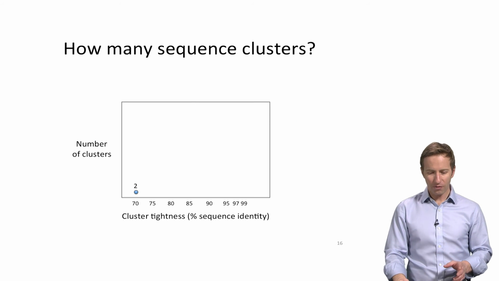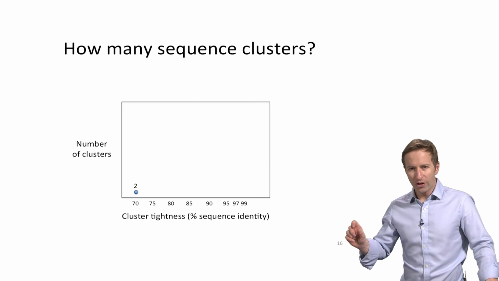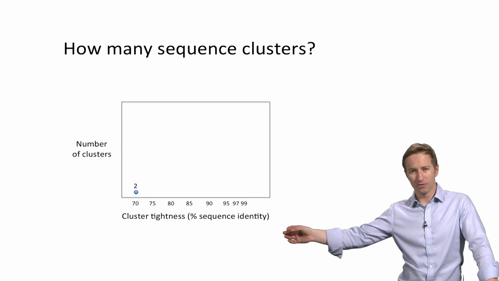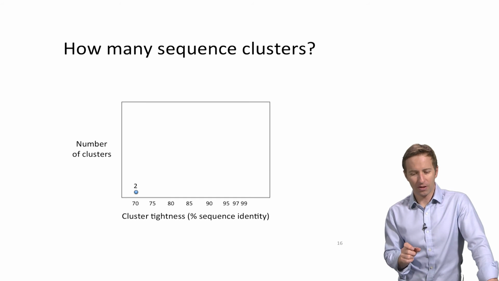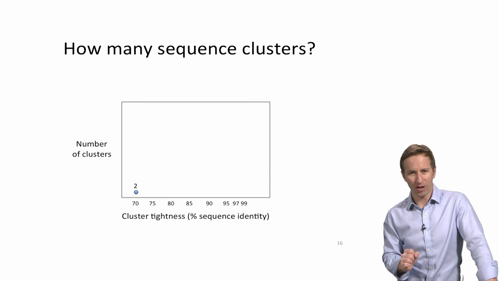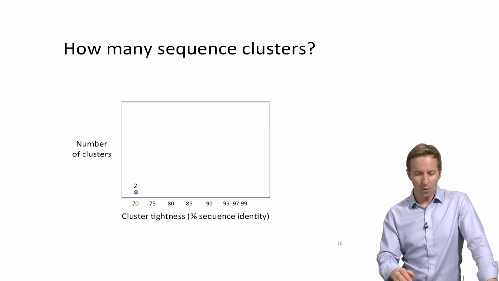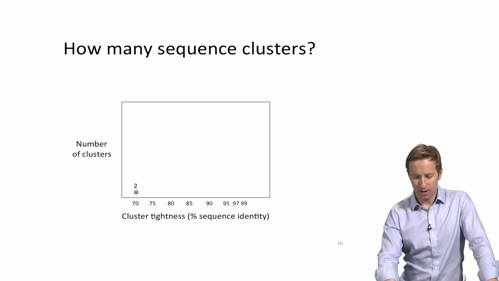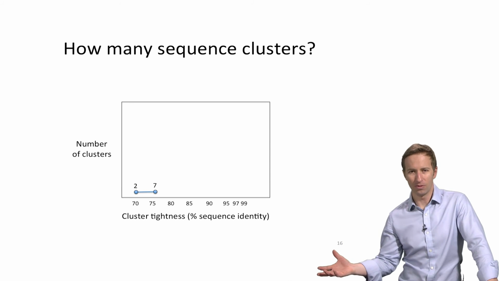And what I wanted to find out was, if you vary the tightness of the clusters from very broad clusters of 70% similarity all the way up to very specific clusters of 99 or 99.5% similarity, what happens to your classification accuracy? So at the one end, with very general clusters, you'd only get a few, like say two clusters.